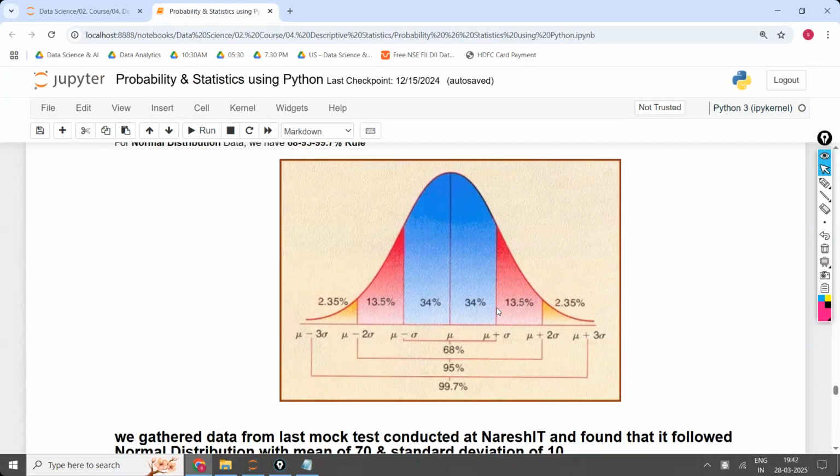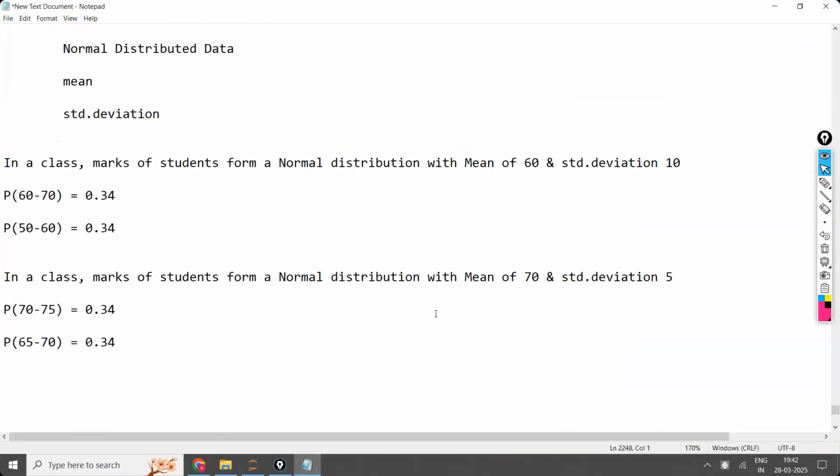Consider any example of your choice: the mean to 1 sigma value will always be 0.34. For example, here the mean is 70, standard deviation is 5, mu plus 1 sigma is 70 to 75. The value is 0.34, because this is mean to mean plus 1 sigma.